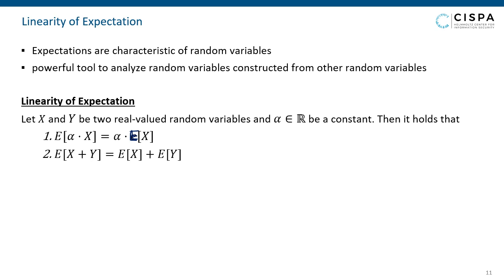An important point here is that we haven't made any assumption on x and y such as independence. In fact, we won't require that x and y are independent. This property will hold for random variables x and y that are arbitrarily dependent.